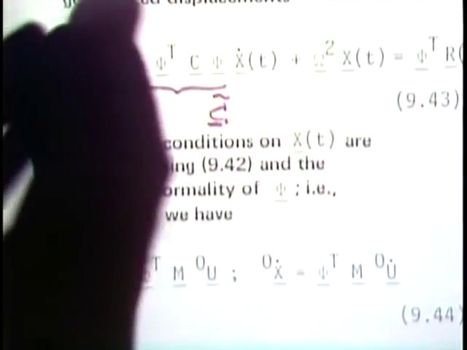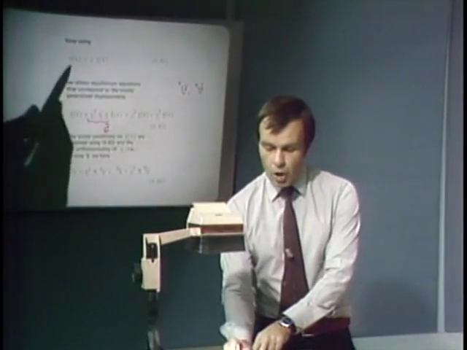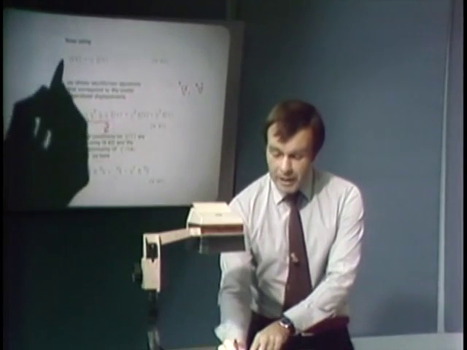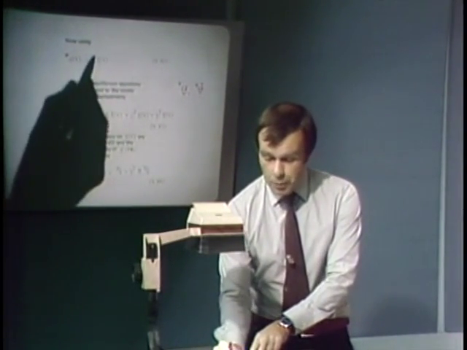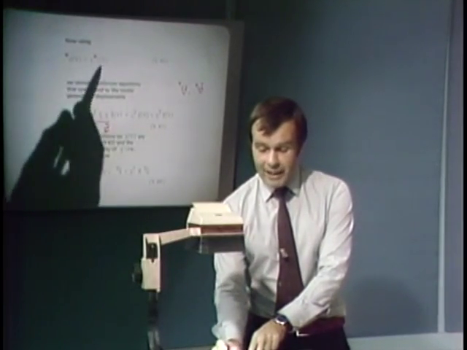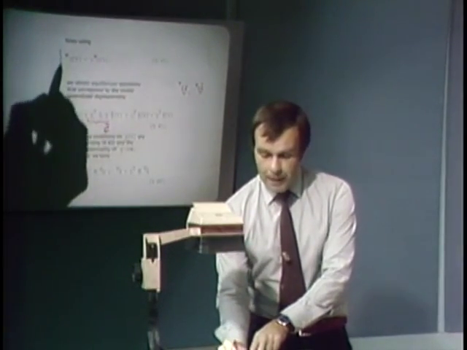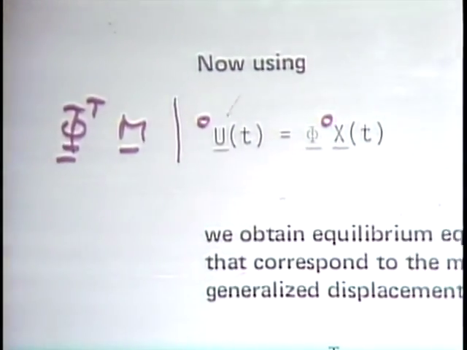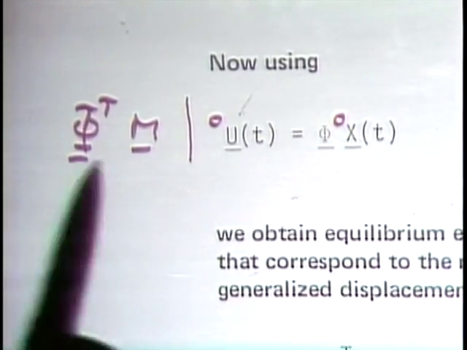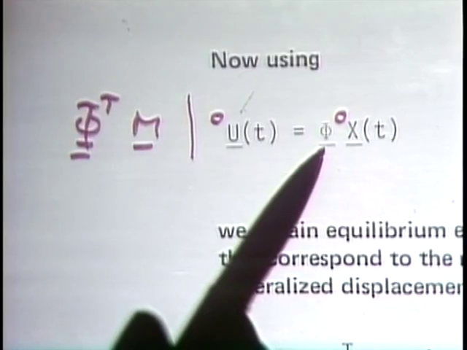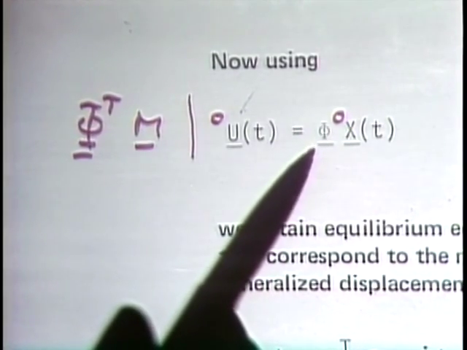Well, if we look at this equation here, we notice that this equation must be applicable for time 0, so we can simply put a 0 there. Then, of course, we also recognize that we can pre-multiply this equation with this relation here. And if we do that, on the right-hand side we notice that phi transpose M times phi is the identity matrix.